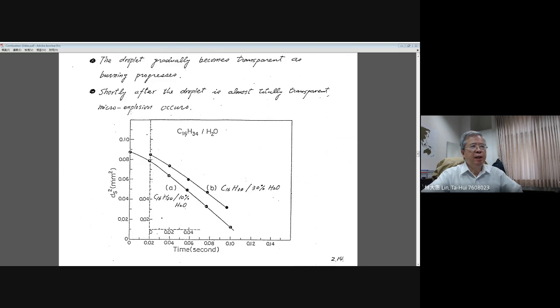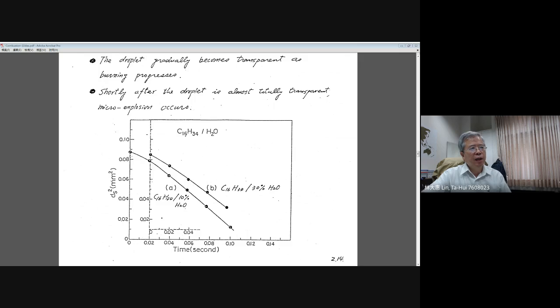The second observation is that the droplets will be finished, but usually they finish by micro explosion. When you have a micro explosion, the droplets are broken apart, so no droplets exist in the combustion chamber, and then the experiment finishes. Looking at the experiment, we cannot say there is much difference from the description of the d squared law because it is almost linear, but in the initial period there is some curve.